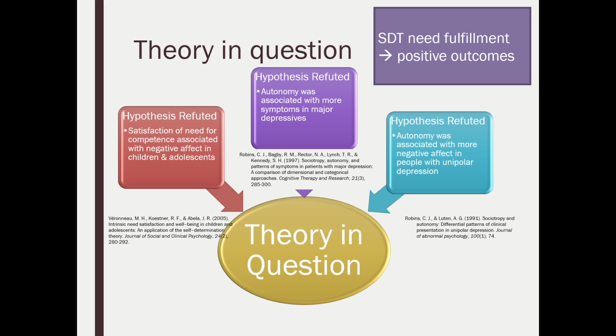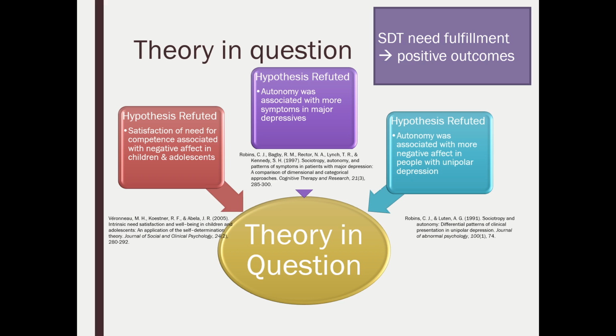So this one is looking not necessarily at a wider variety of symptoms of depression, but at people who are having more negative emotion as part of their depression diagnosis. So autonomy in particular looks like it might not necessarily always be an ideal or desirable need to be fulfilled, right? If you're trying to avoid the negative outcomes.